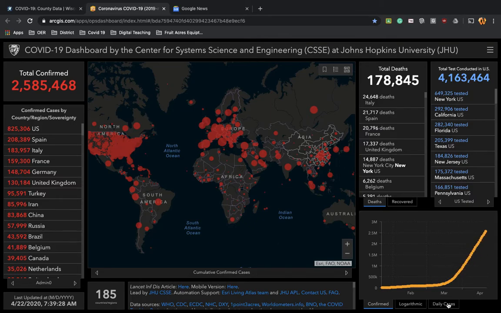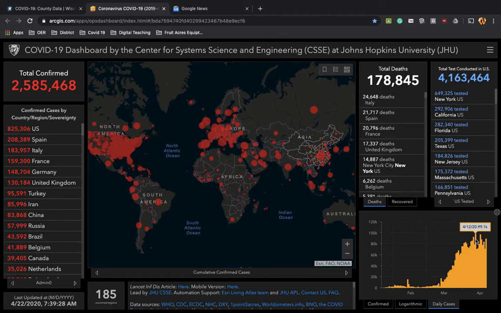Okay. Now, if I click here and I go to daily cases, I can see how many new cases were added on any given day. If I hover over things again, it will show me the daily increase, right?